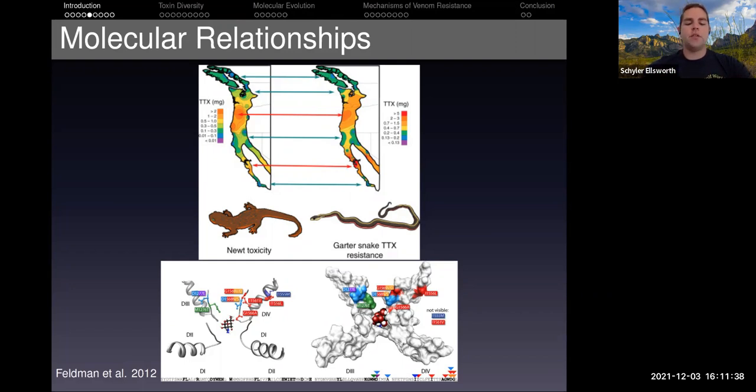And so this is a really interesting co-evolutionary relationship that, through some of the molecular techniques that we have available to us, we've actually been able to understand the exact molecular changes that need to happen on the receptors that make it so the garter snake is resistant to that tetrodotoxin. So here on the bottom, we have the three-dimensional structure of some of these proteins and the exact amino acid changes that need to happen to produce this tetrodotoxin resistance.